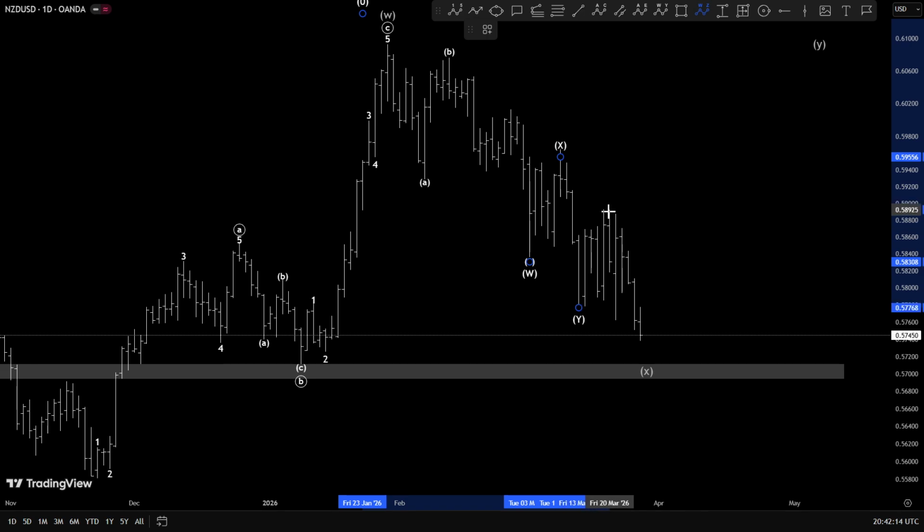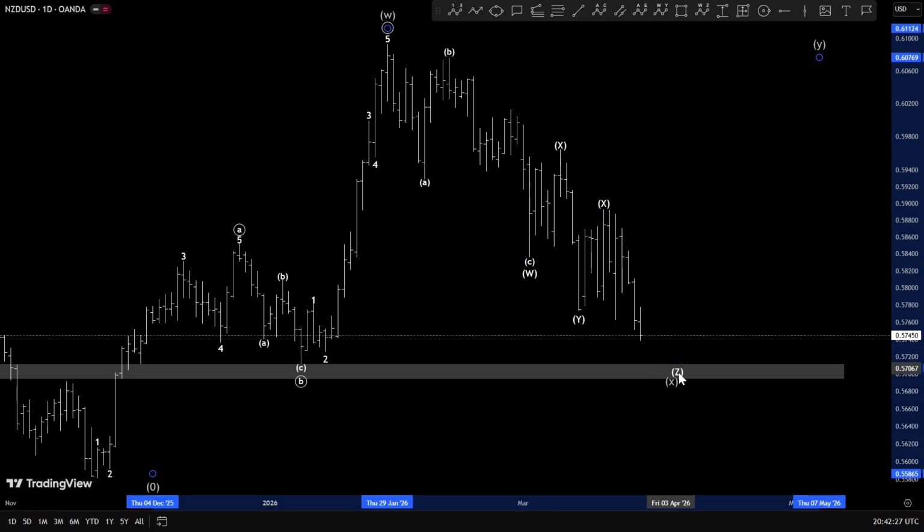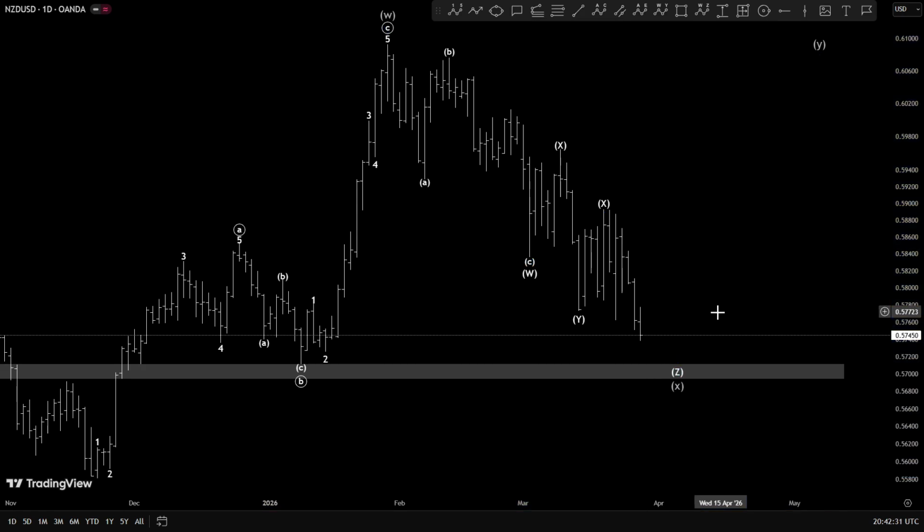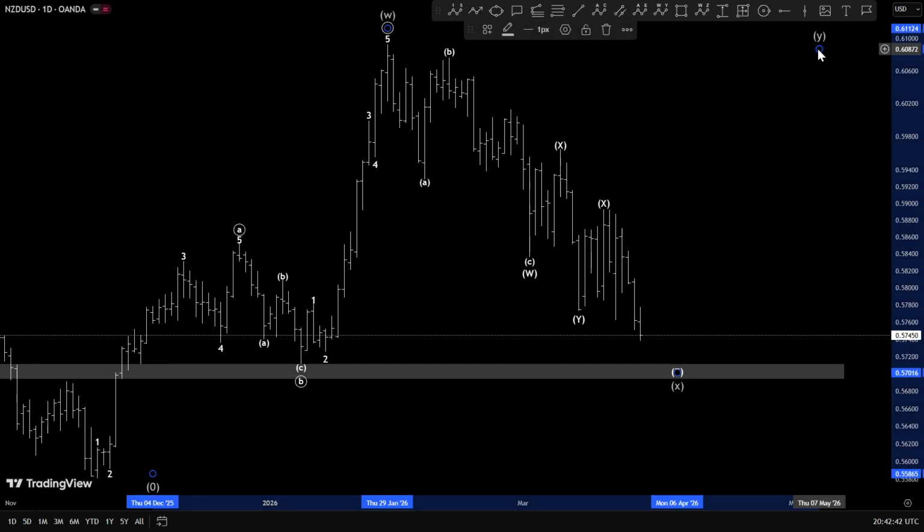And we have what is called XX. This is XX. Then what we are currently expecting now is what? Z. We are currently expecting Z to complete this structure of wave X. Once we complete this Z, then we start going with Y all the way up.